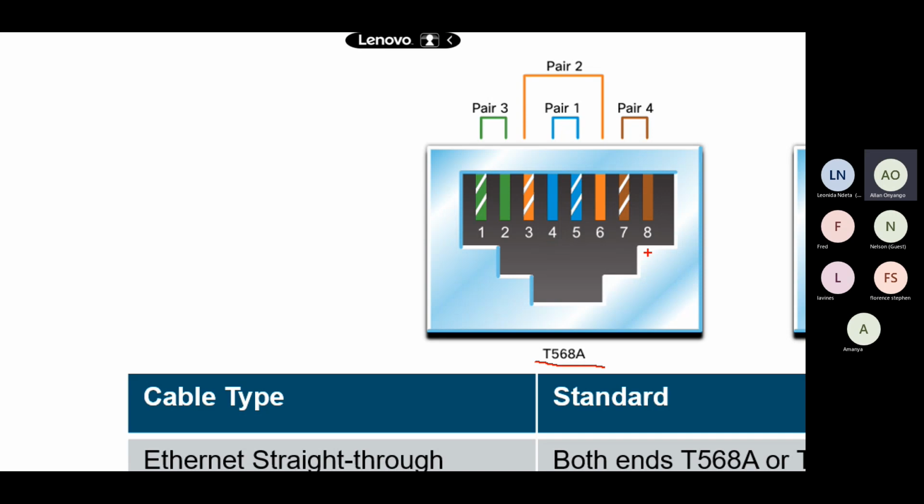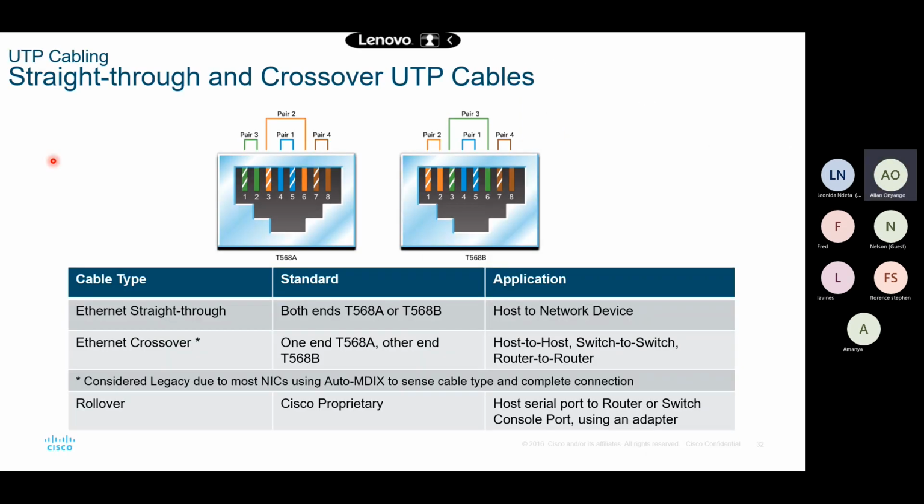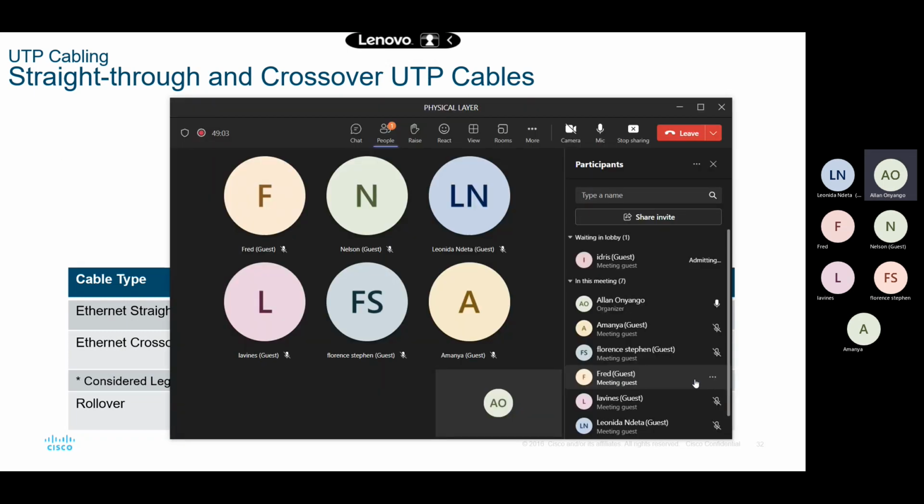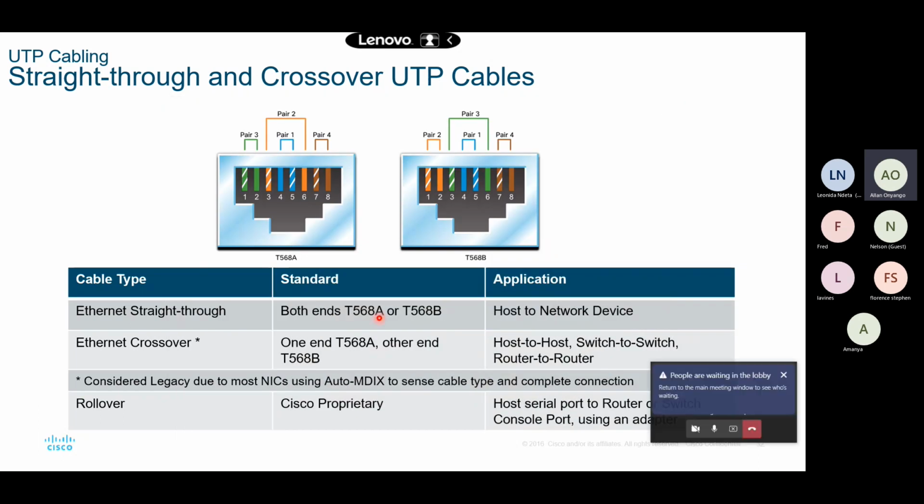Actually, there are 4 pairs. So the browns will be at the end, the greens are at the beginning, the blues are in the middle. So white green, green, white orange, blue, white blue, orange, white brown, brown. I don't know whether that is something that you guys can master.